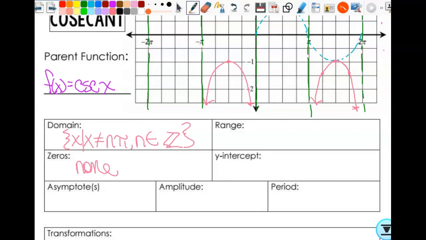And remember from tangent that the domain and the asymptotes are directly related, because the domain can't be where we have asymptotes, so our asymptotes we've basically already defined. They're at x equals n times pi, where n is an element of the integers. Is my range all real numbers?